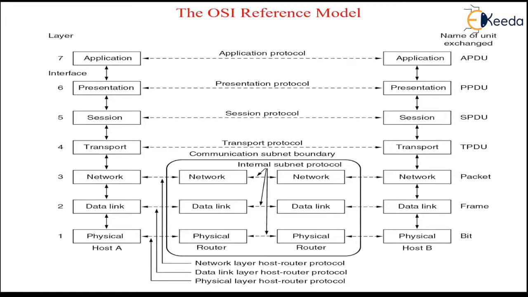It does not recognize any relationship between those packets. It treats each one independently. The transport layer, on the other hand, ensures that the whole message arrives intact and in order. It applies both error control and flow control at the source to destination level, that is, over the end to end link.